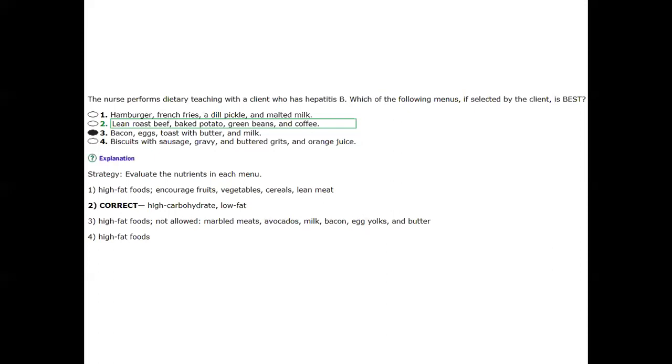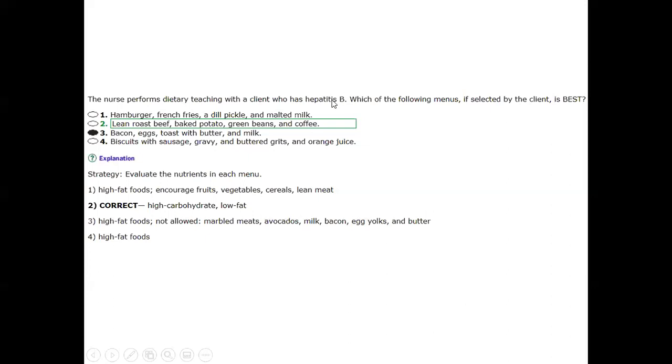Which food should you choose for them? Let me read one by one here. If the patient has hepatitis or pancreatitis, it is important to choose the food. And our patient has hepatitis B.